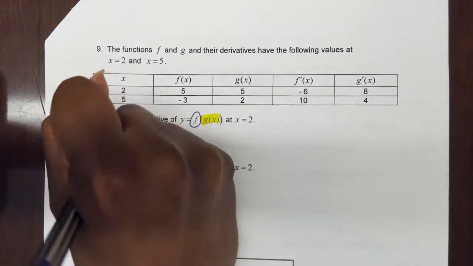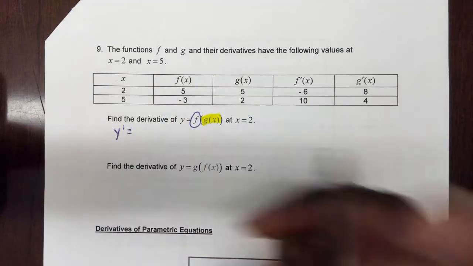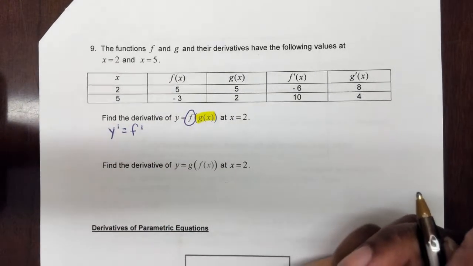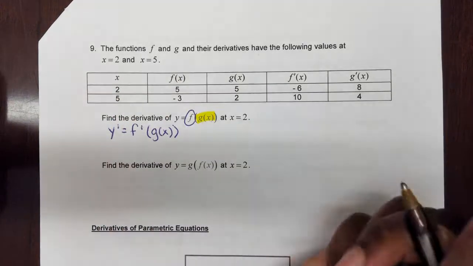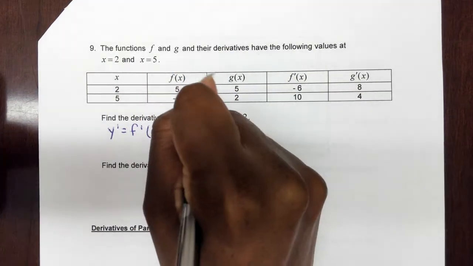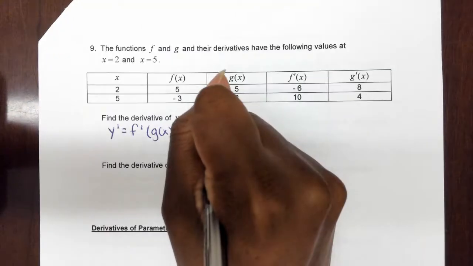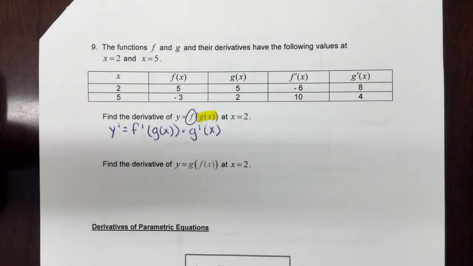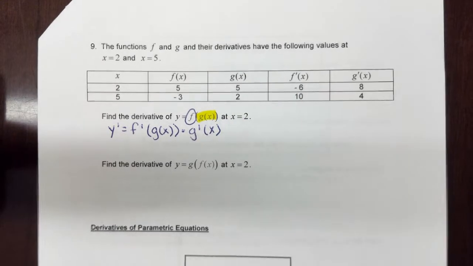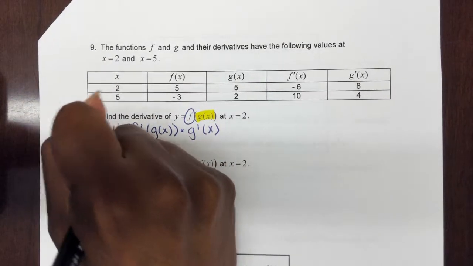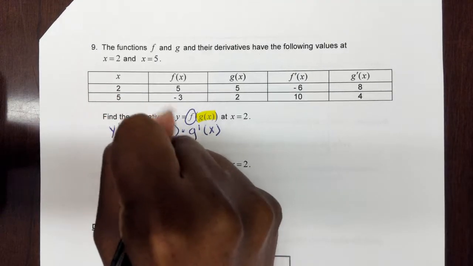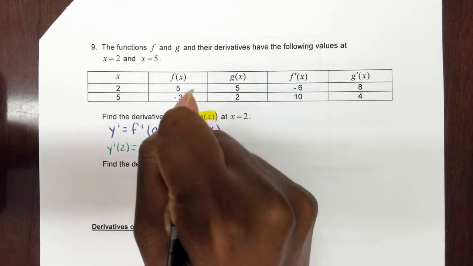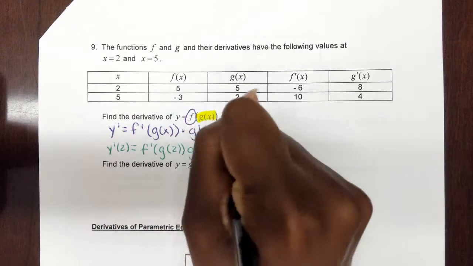So to use chain rule, we would need f prime of the baby times the baby prime. So if we're looking for when x equals 2, we'll substitute in the 2. So y prime of 2 should be f prime of g of 2 times g prime of 2.